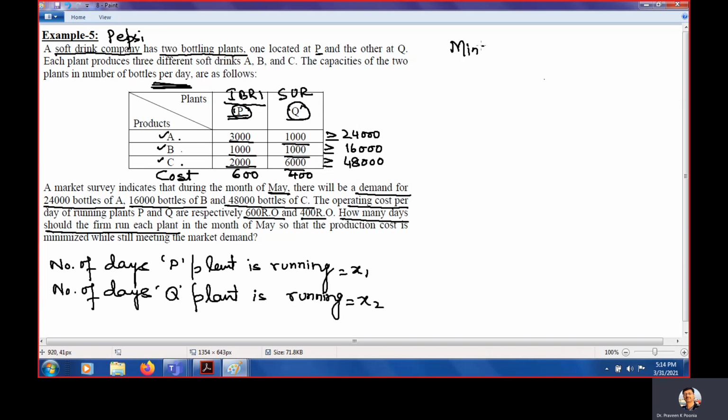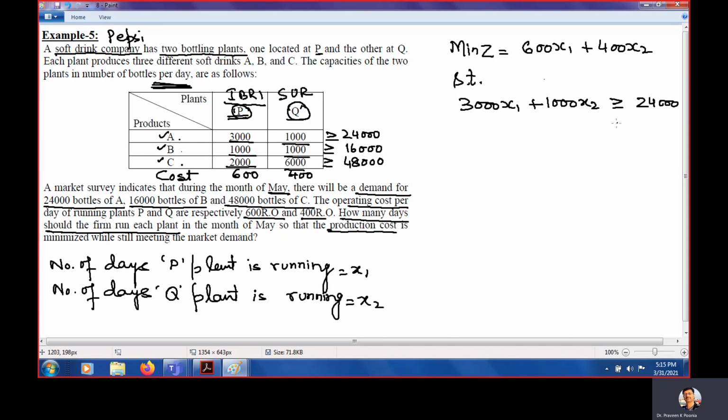It is minimum Z because you need to minimize the production cost. If Z is the production cost, you need to minimize it. And how much is it? 600 x1 plus 400 x2. Subject to, there are three constraints: 3000 x1 plus 1000 x2, and it should be greater than or equal to 24,000.